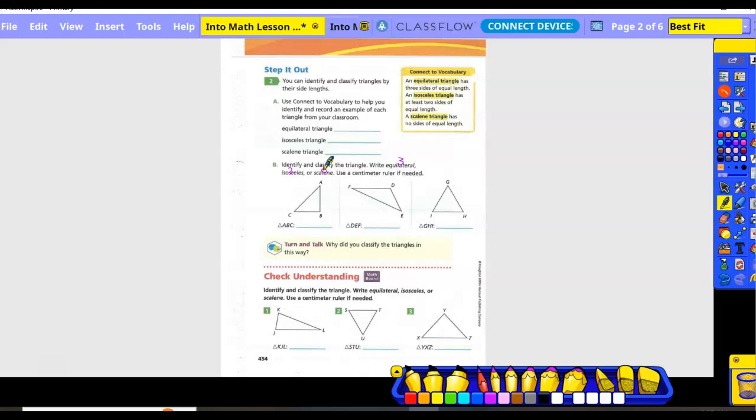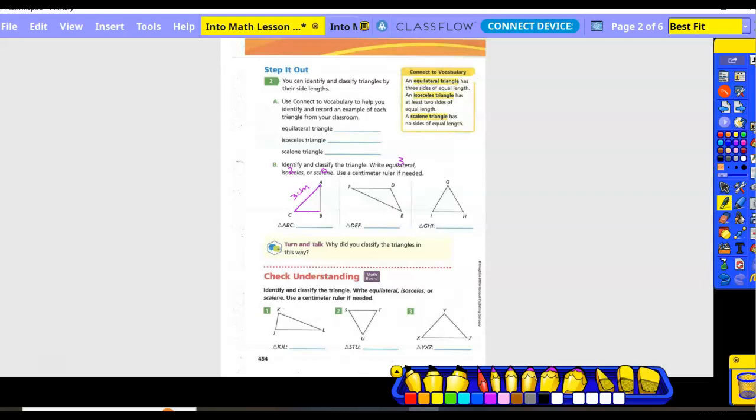What is the measure of AC? 3 centimeters. Okay, so I'm going to write 3 centimeters right here. What's the measure of CB? Okay.